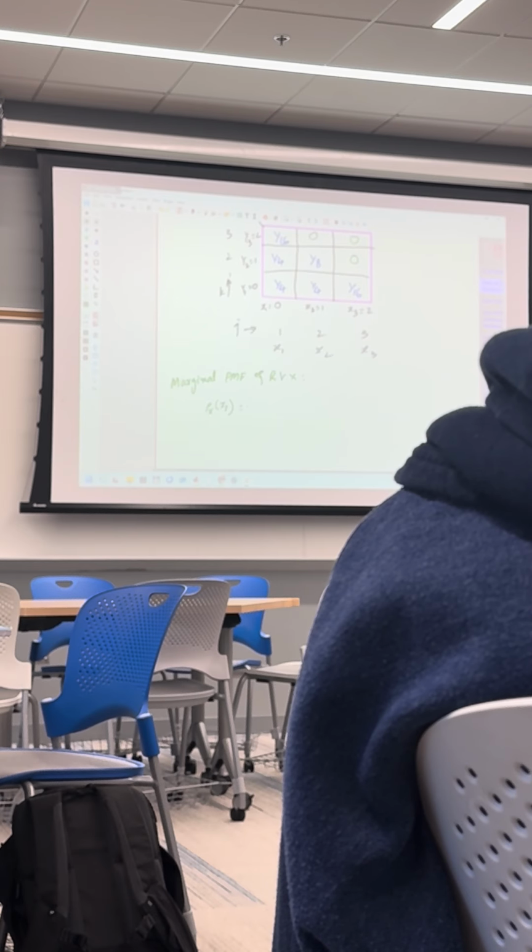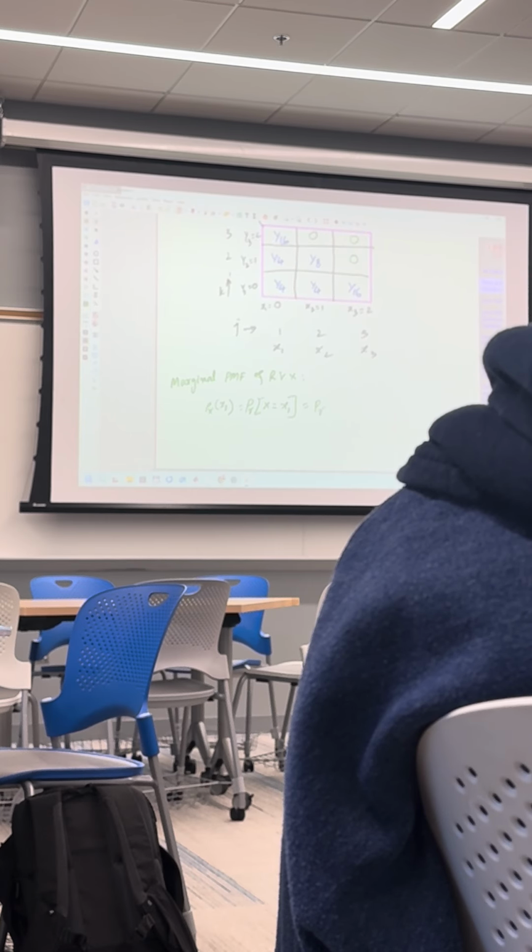which is by definition the probability that random variable x takes value exactly x1, because the experiment we have involves joint PMF, so we are going to write it in the form of joint PMF.